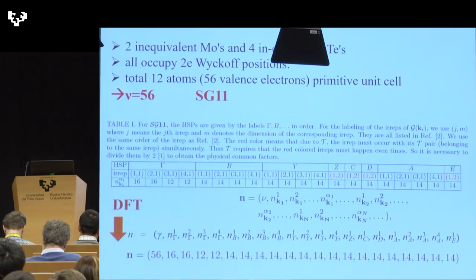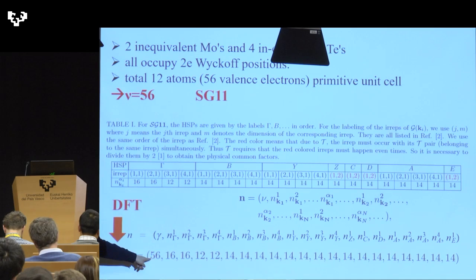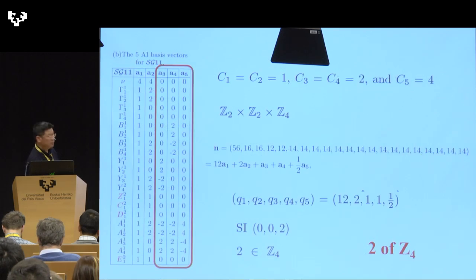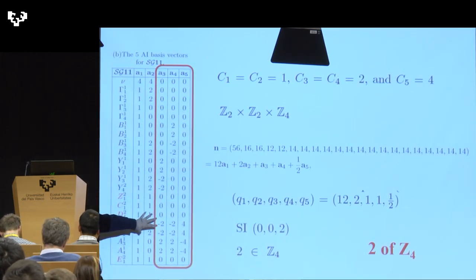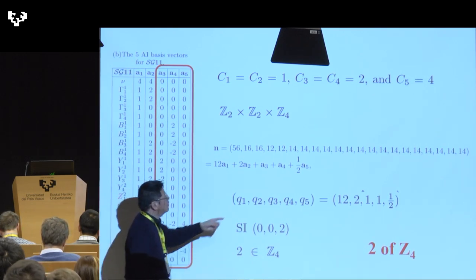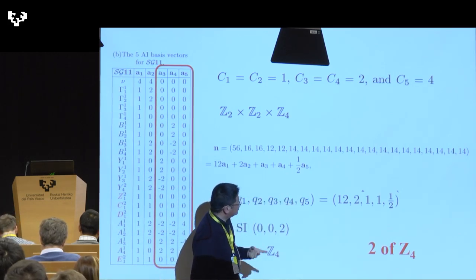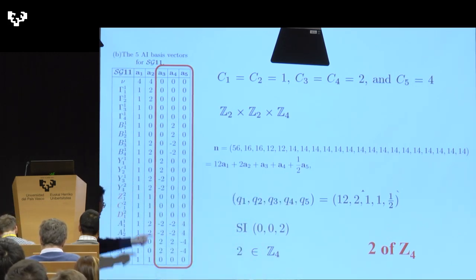So we got numbers like this, and then we use the atomic limit basis vectors to do the expansion. We quickly got that this is not an integer. It means something topological, but at that point we don't know which kind of topological.